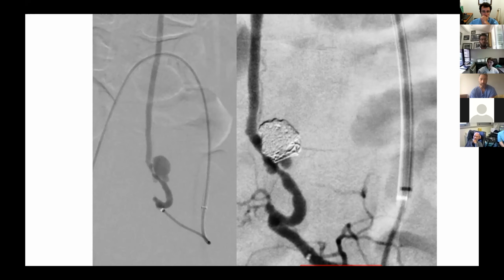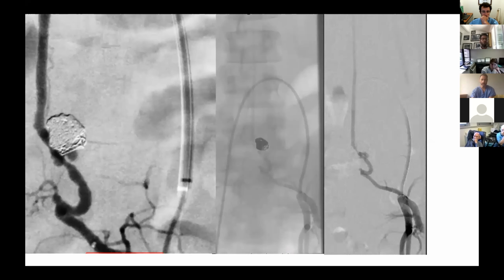But we basically did this treatment where we coiled off a majority of the aneurysm. It was really circumferentially sick, the vessel. We were never able to get coils to go all the way into that little teat. I thought I had a run, sorry, but there's quite a bit of stasis at the end of the treatment.